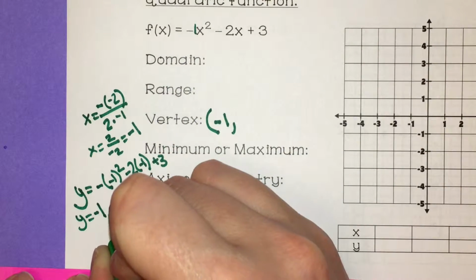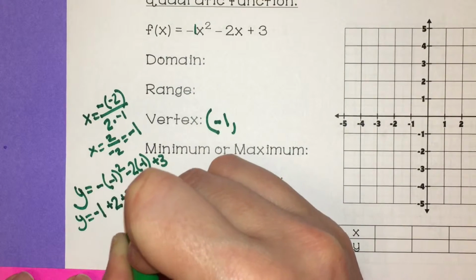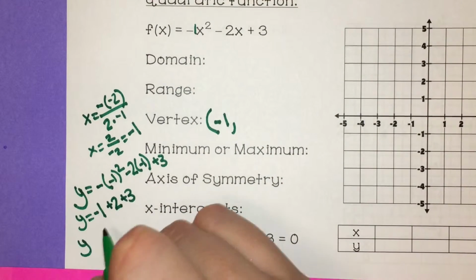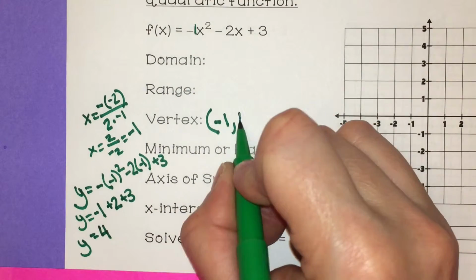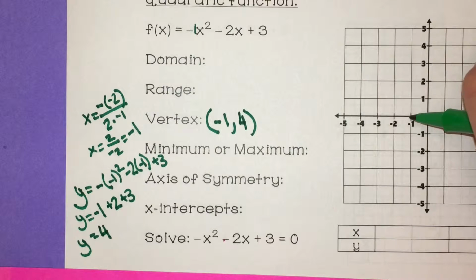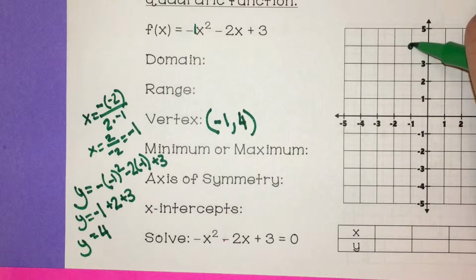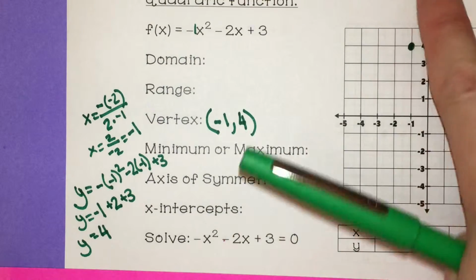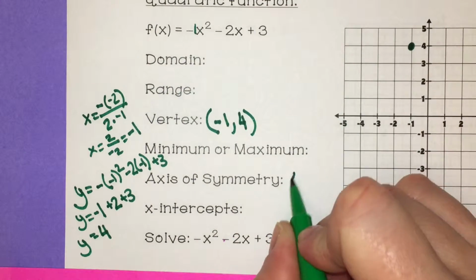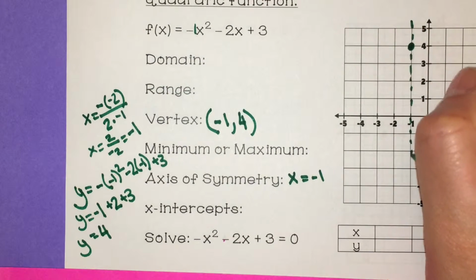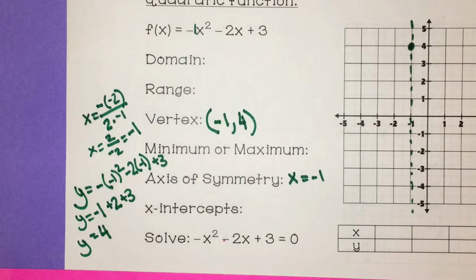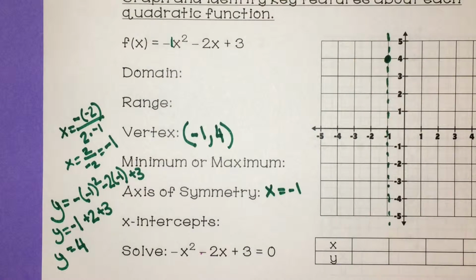Negative 2 times negative 1 is positive 2, plus 3 gives me 4. So I know my vertex is going to be where x is negative 1, y is 4. And my axis of symmetry will go right through the x coordinate, so it'll be x equals negative 1. If I want to, I can draw this straight down so I can make sure when I'm graphing it, the two sides are symmetrical.